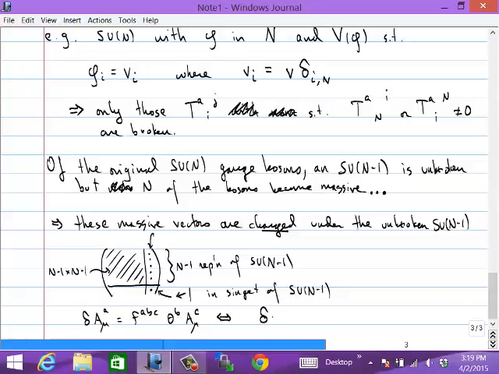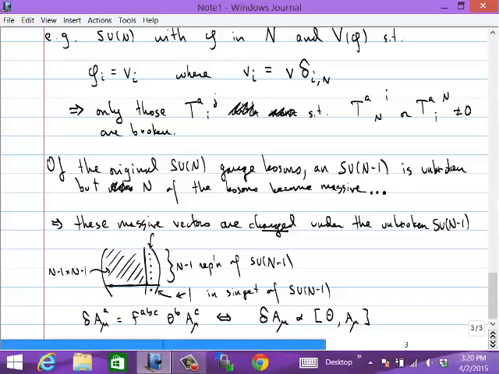And so this is saying that the variation of A, when you think about it as an n by n Hermitian matrix, is proportional to the commutator of your gauge parameter with A. If you write A as an n minus 1 block with a little column vector sitting here, and you ask how that column vector changes when you conjugate the block, or when you do this commutator, it transforms exactly like a column vector being multiplied by a matrix. That's something that you all should work out.